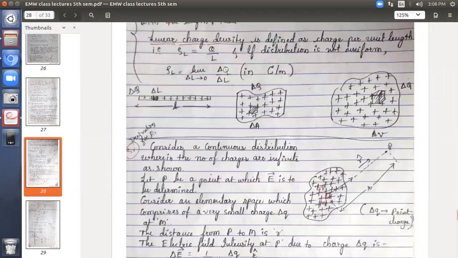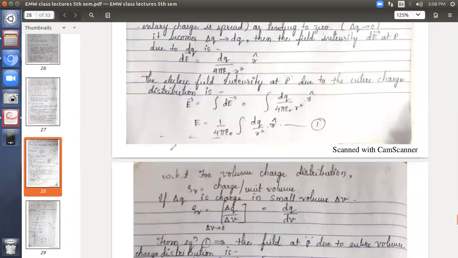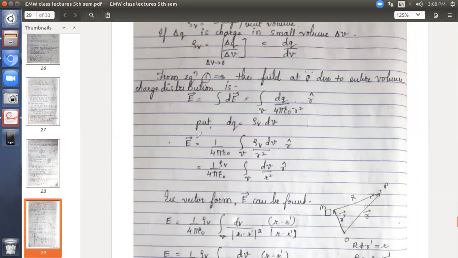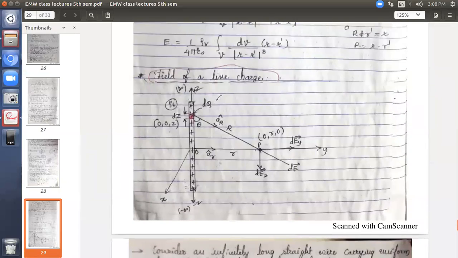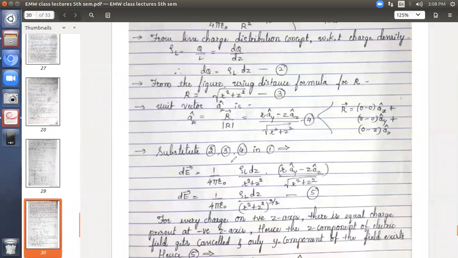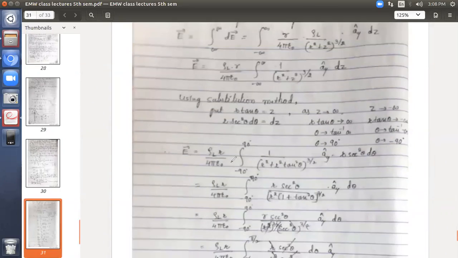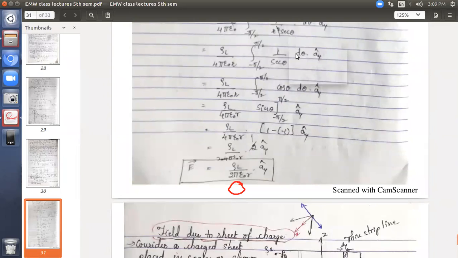Okay, and for a volume charge distribution, if you see, the final expression E has rho V in it. Similarly, when you take the field of a line charge, we have solved this, rho L is there in the final expression. So similarly, in today's session, we are going to deal with the field due to a sheet of charge.